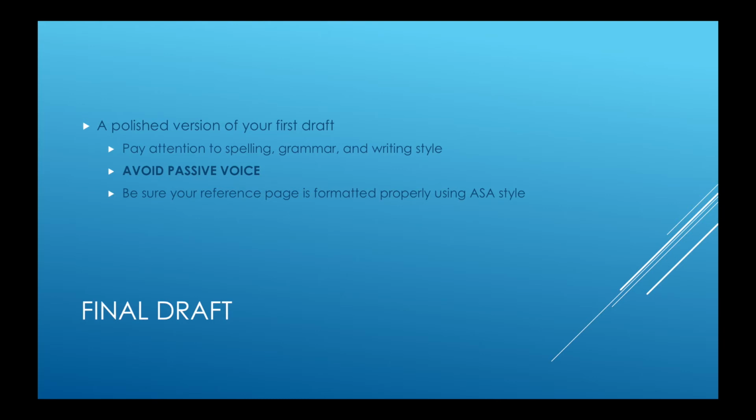So, for example, an active voice sentence would be, the police officer beat the suspect. The police officer is doing the action, and the suspect is receiving the action. A passive voice version of that sentence would be, the suspect was beaten by police.